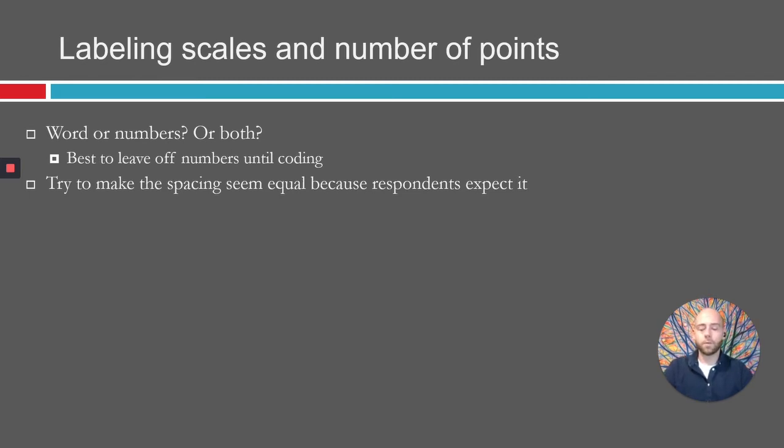But you don't want to mix the type of modifiers that you're using. You don't want to make the points seem too close together. It's good to have options on the ends that say something like extremely or very, so people can show a passionate response and then show less certain responses as they get toward the middle of a scale.